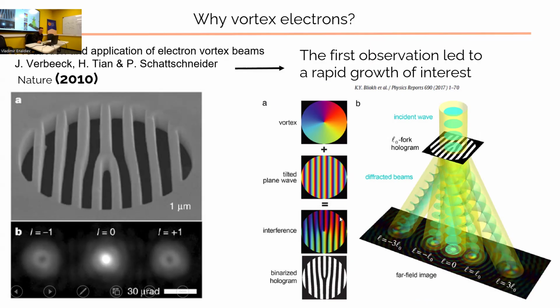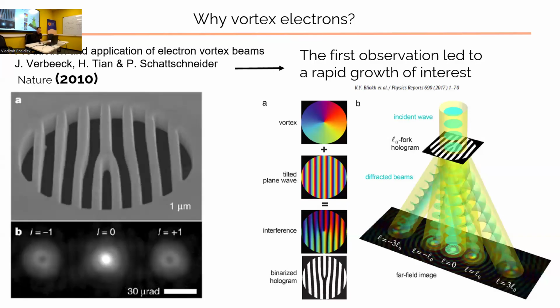We can combine it. We have an interference picture and binarize this colored picture to this grating.